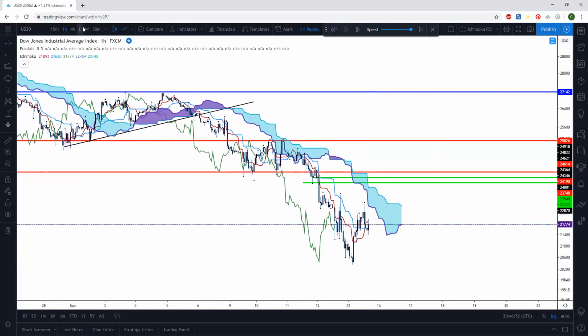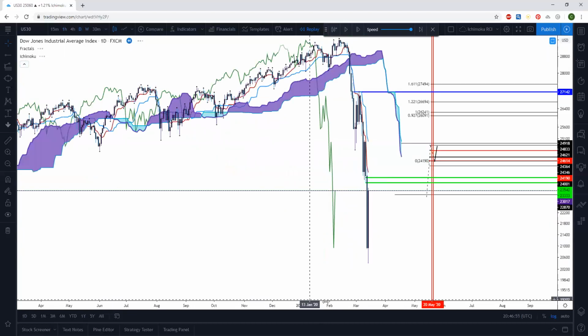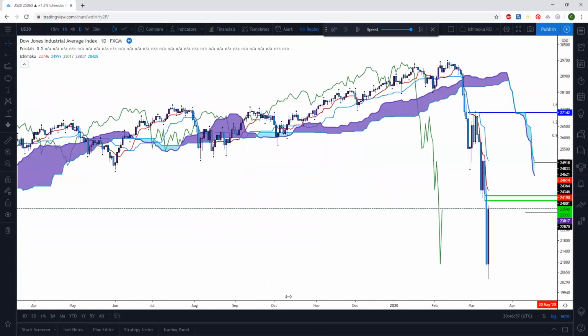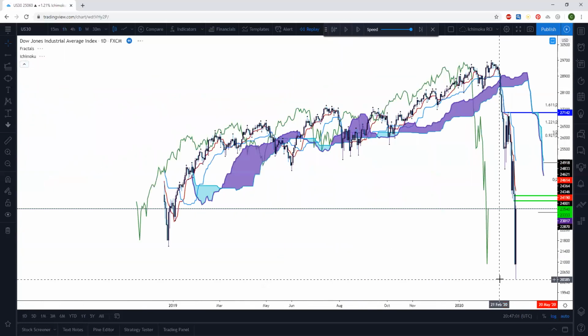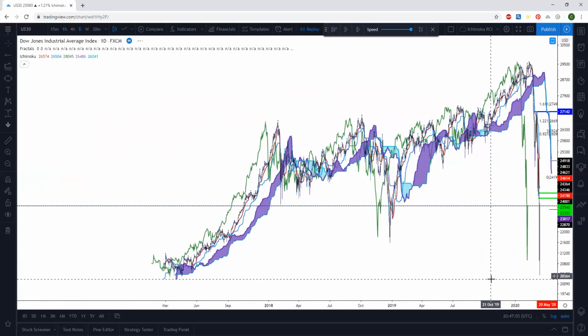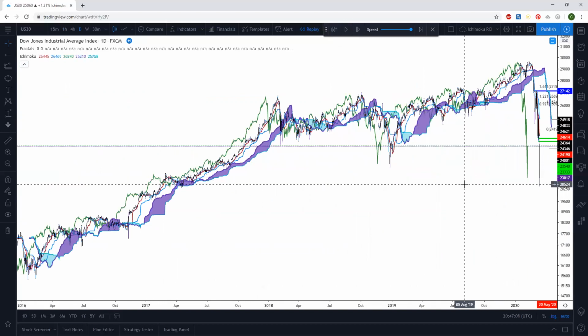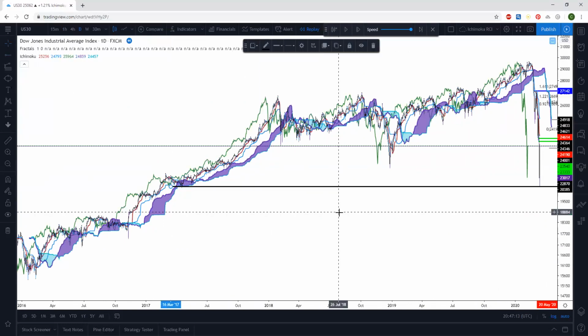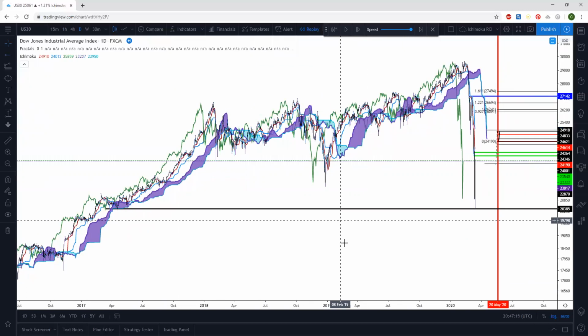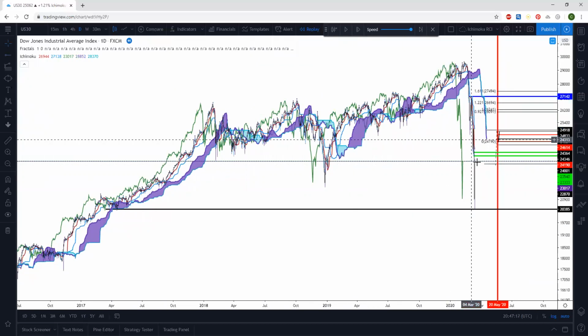So it's all about being confident in what you see and knowing your support and resistance. Because if we go way back here, way back here, y'all see that? As long as you know your levels, you have targets.